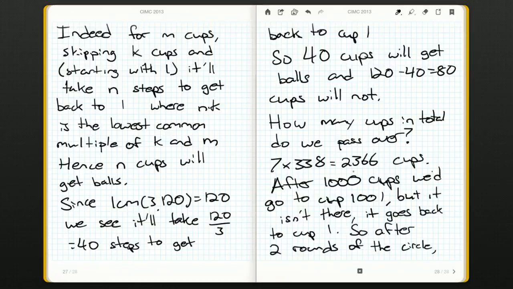We're not dumping a ball into each of these 1,000 cups, but the point is, as we are putting balls in cups, we are counting along, and we count out 2,366 cups. Well, after our 1,000th cup, we should be at cup 1,001, but it doesn't exist, so we would go to cup 1, and then we count again and again. So at cup number 2001, we're back to 1 again. So we go around the circle twice, and we're back at cup 1.